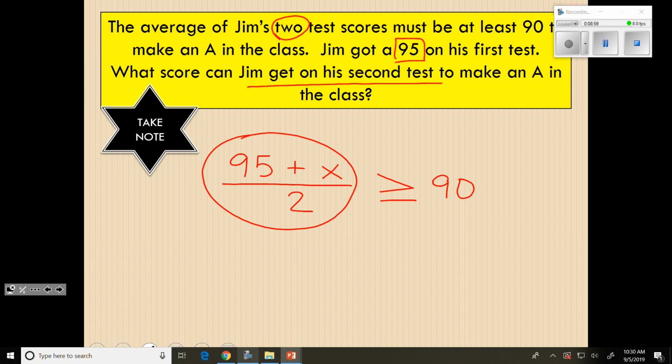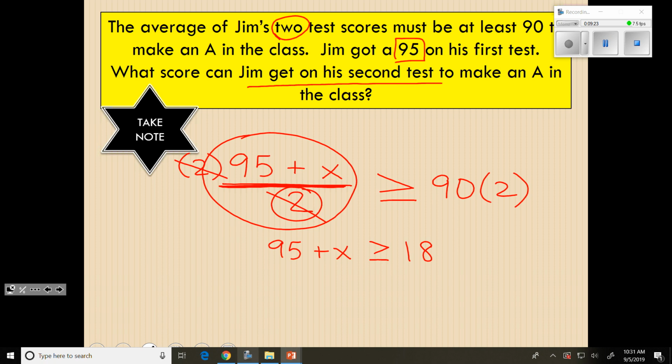Now, when you have a fraction or division bar, it changes the order of operations. We want to get rid of this denominator first. Since the binomial on top is being divided by a 2, we multiply both sides by 2. 2 divided by 2 is 1. That becomes the invisible 1. We're left with 95 plus x is greater than or equal to 180.